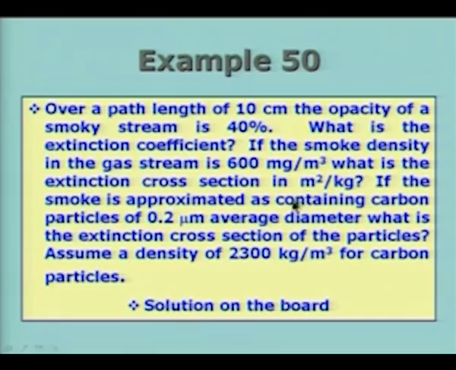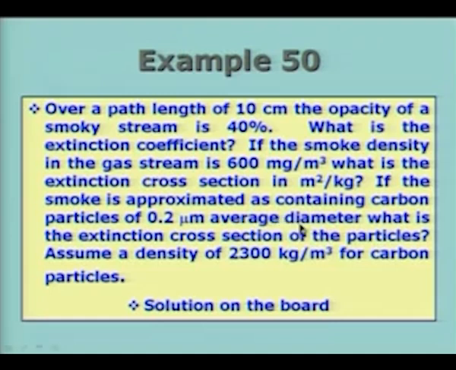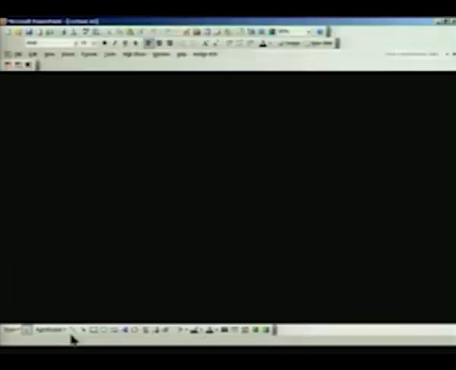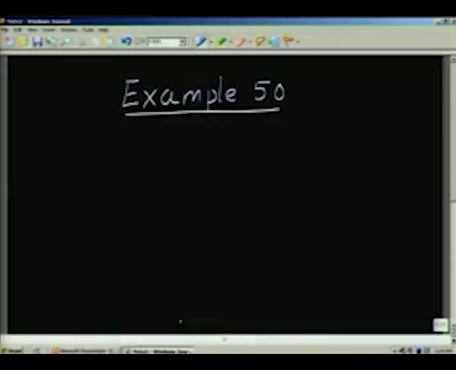We will work it out, and if the smoke is approximated as containing carbon particles of average diameter 0.2 micrometers, we would like to find out the absorption cross section for the particles, or extinction cross section for the particles, because extinction I am using as a term which includes both absorption and possibly scattering, maybe mostly scattering and to some extent absorption. So, we assume a density of 2300 kilograms per meter cube for the carbon particles. We will work out the solution on the board, and then get back to the discussion on the measurement of force and such quantities.